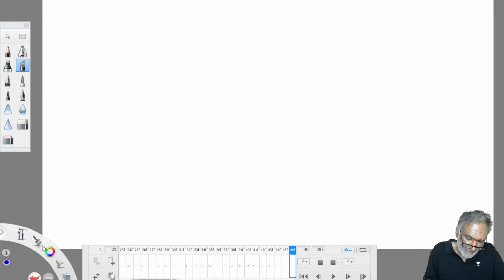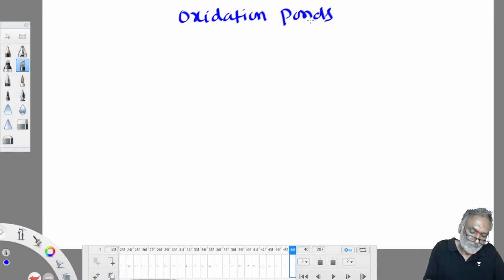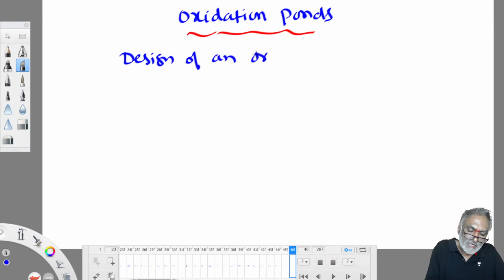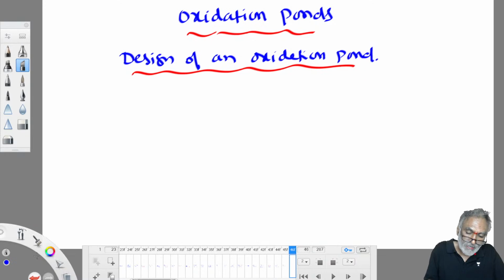Then after septic tanks, we move on to oxidation ponds. Oxidation pond designs only they will ask. Design of an oxidation pond. Oxidation pond design is made by using organic loading rate or BOD loading rate.